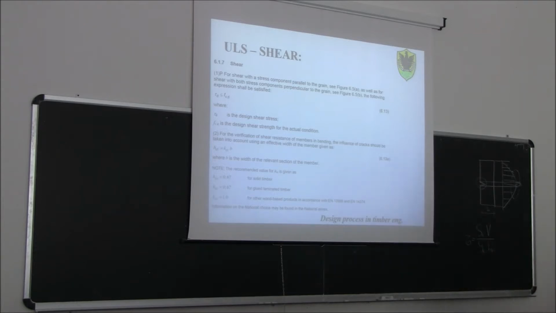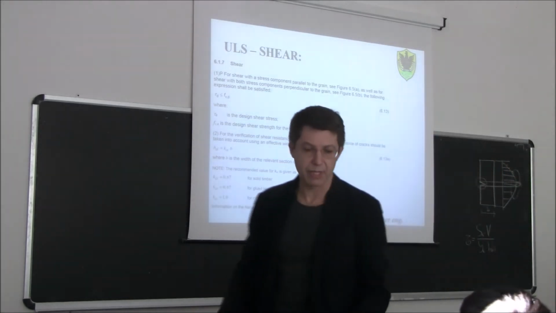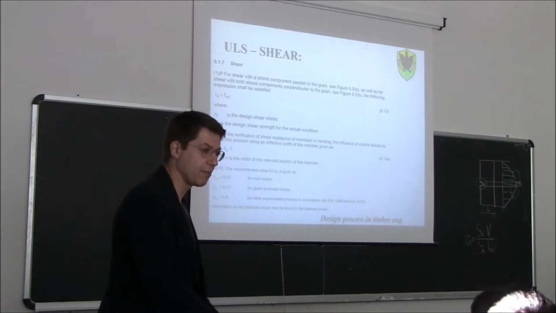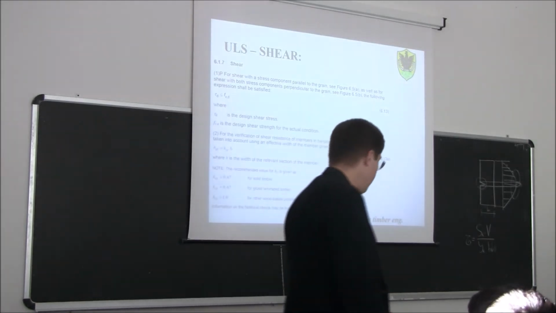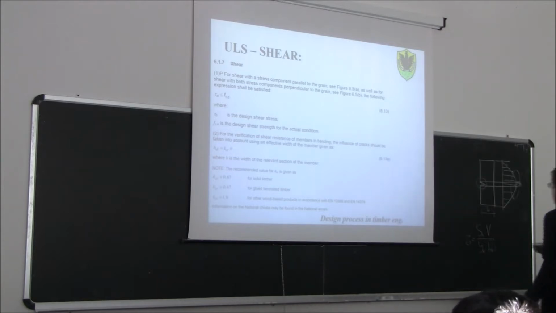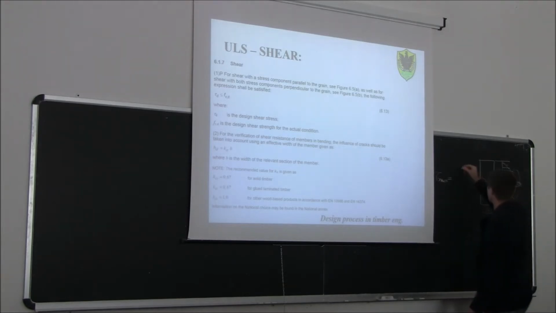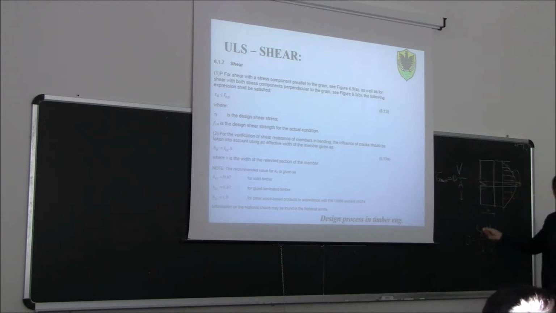Okay? So we need to remember that when we check a rectangular cross-section of a timber member made of solid timber or glulam, in our verification we are going to calculate something like tau max equal to 1.5 V divided by A, where A is the resisting cross-section.